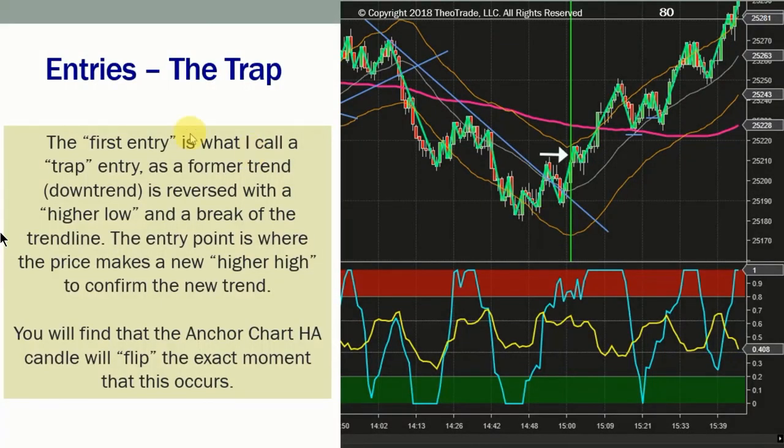So let's get into the two entries again. Here's the trap. The trap is where we have an existing trend, it can be either an uptrend or a downtrend, but I want to see an established trend that's got a good, visible trend line attached to it.